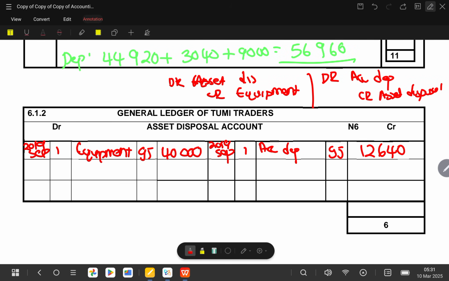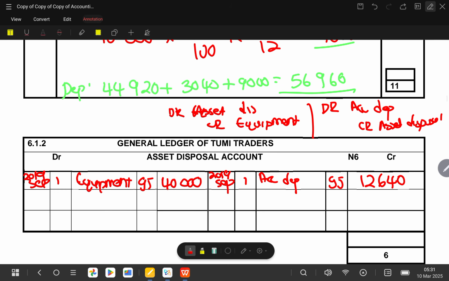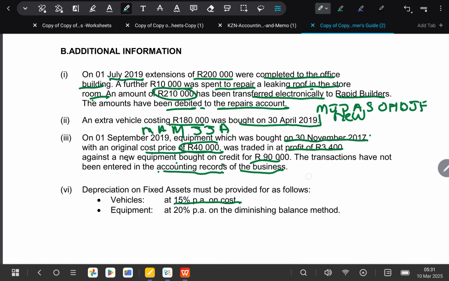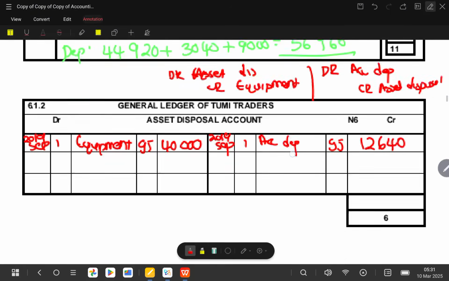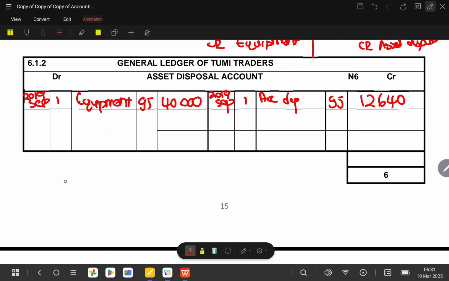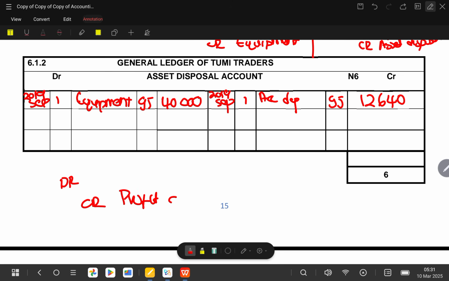So we'd have that 12,640 here. And then remember, they said it was sold at a profit. According to the information, it was sold at a profit of 3.4, right? So remember, when we record profit, we are crediting profit on sale of asset, and then we are debiting asset disposal.